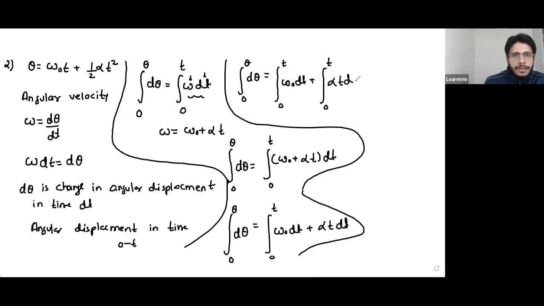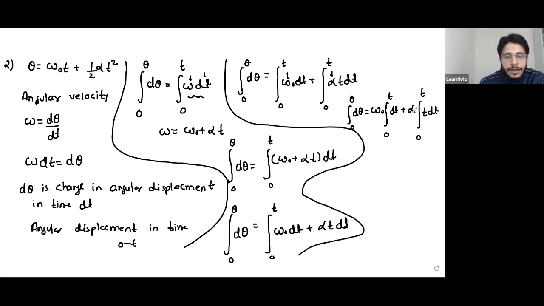Now see, omega naught, the initial angular velocity, is a constant term, and alpha, the angular acceleration, is constant. So omega naught is a constant that I can take outside this integral, and alpha is a constant that you can take outside this integral too.